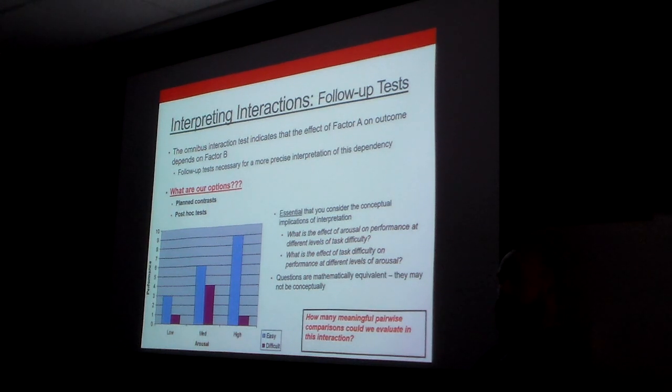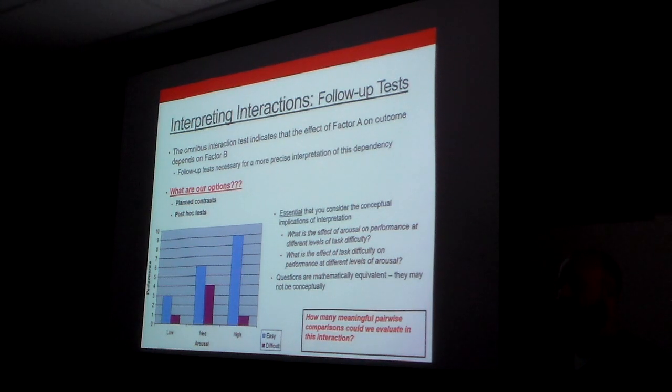Maybe 2 by 3. Okay. Maybe, right? So we've got six different cells, right? And if this was a one-way ANOVA, how many possible pairwise comparisons can we make with 6 means?